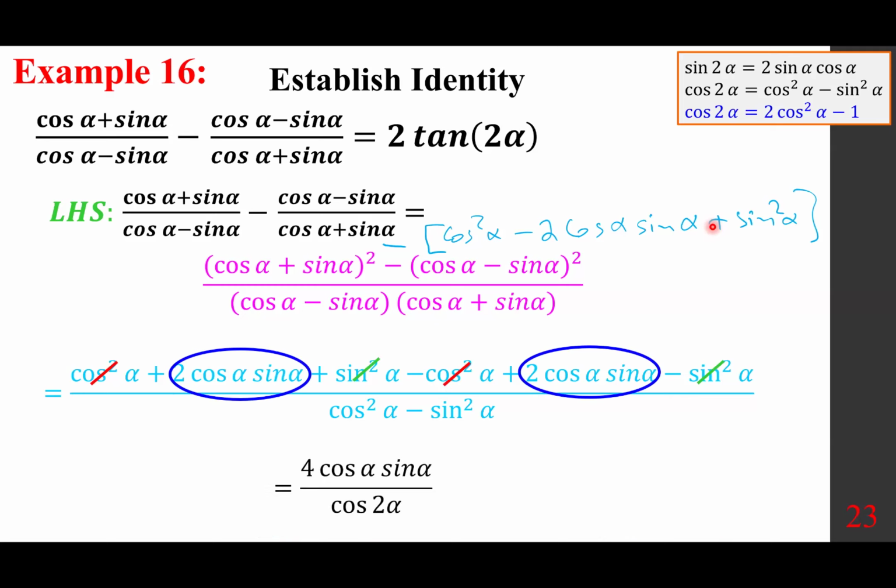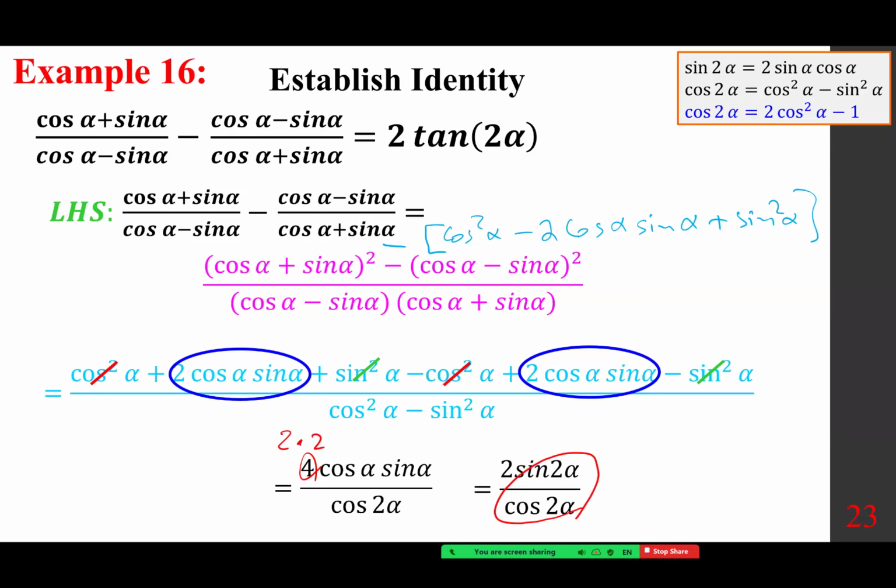So what you're looking at, the numerator, if it had 2, would be sine of 2 alpha. It has 4, so 4 is 2 times 2, everybody. That means 2 sine 2 alpha. This part is tan 2 alpha, so 2 times tan 2 alpha is the final answer.